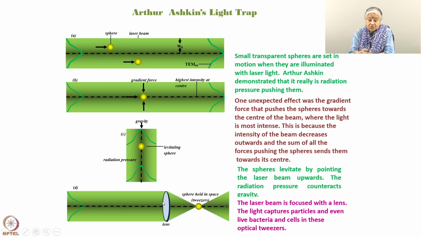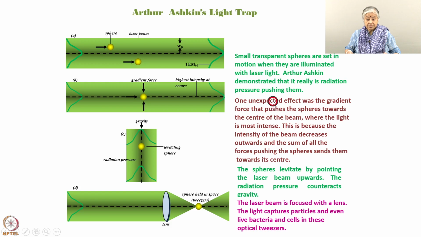So, this was a fantastic discovery and a fantastic experiment. Small transparent spheres are set in motion when they are illuminated with laser light. Arthur Ashkin demonstrated that it really is radiation pressure pushing them, not anything else.